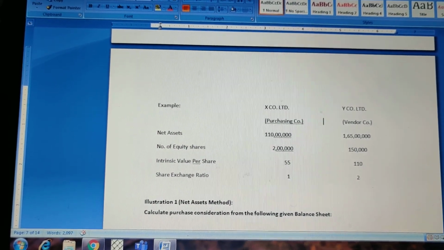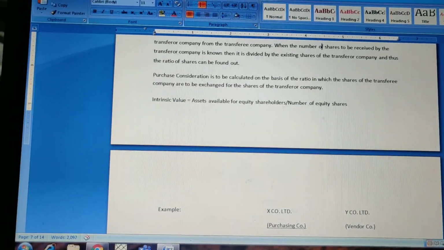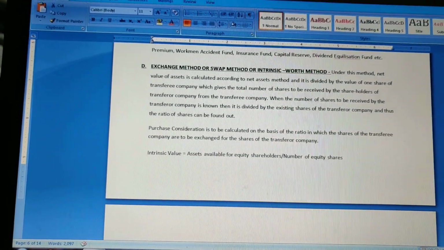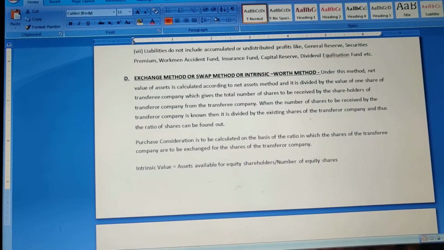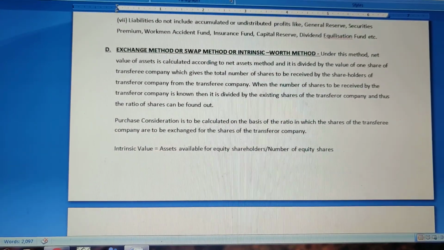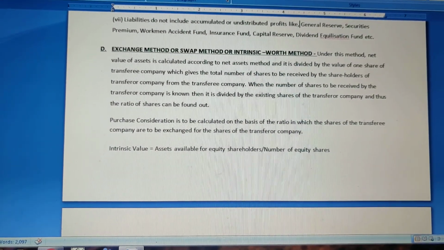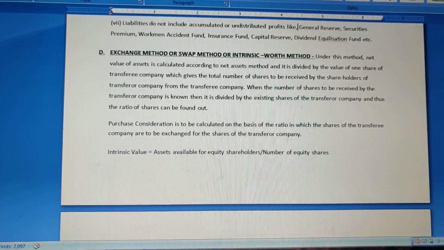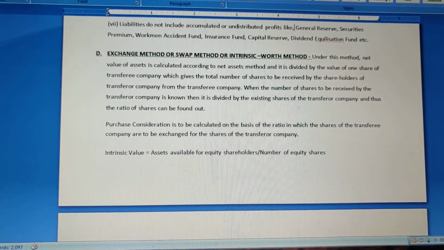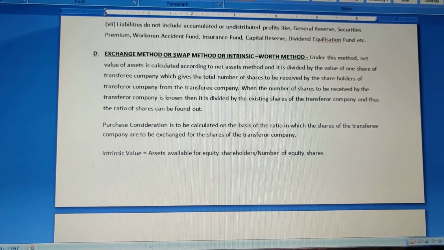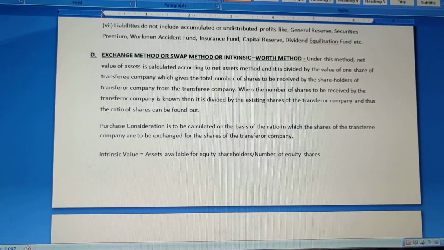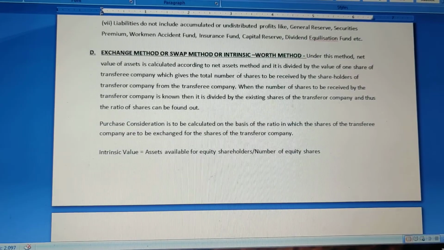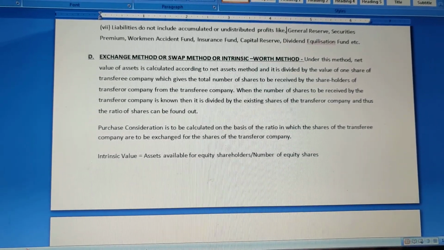Clear? So let's go to the theory part again. It is saying that under this method, the net value of assets is calculated according to the net asset method, and it is divided by the value of 1 share of the transferee company, which gives the total number of shares to be received by the shareholders of the transferor company from the transferee company. So now you will understand.